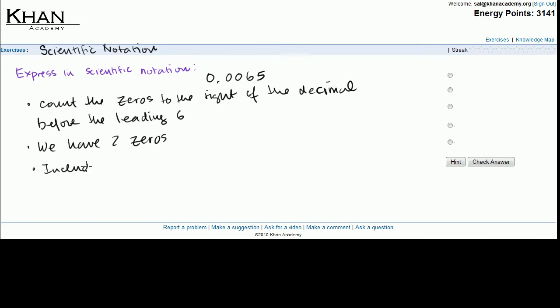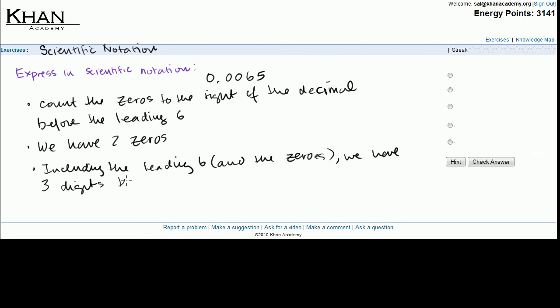Including the leading 6 and the zeros, we have 3 digits to the right of the decimal.